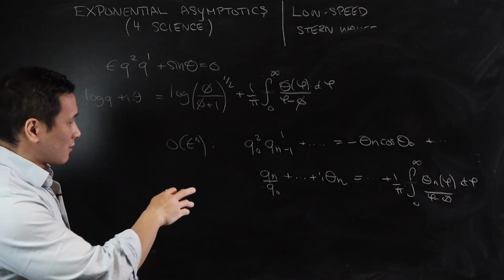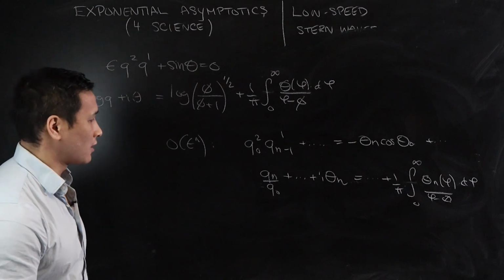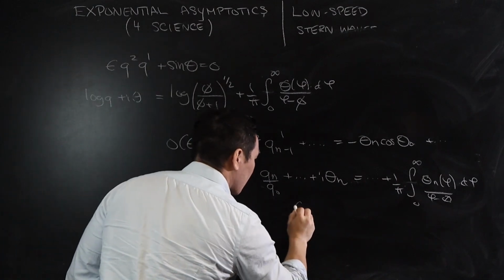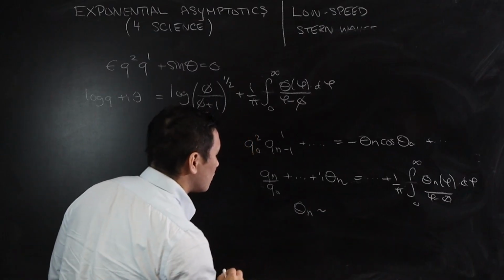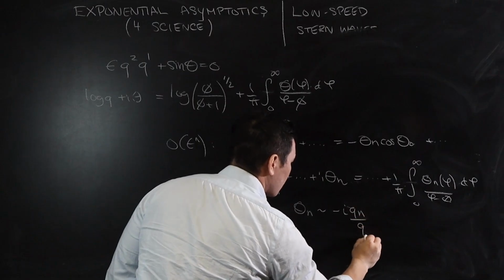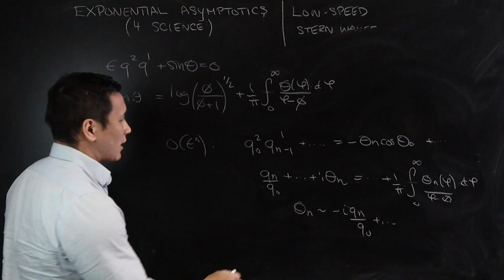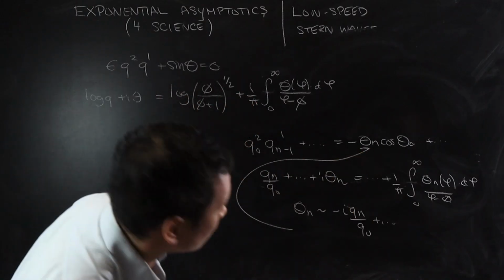Once you have illustrated the main dominant terms as n goes to infinity, this allows you to tell that theta n is then, what is it? It's minus i times qn over q naught plus dot dot dot. And you put that one into there, okay?